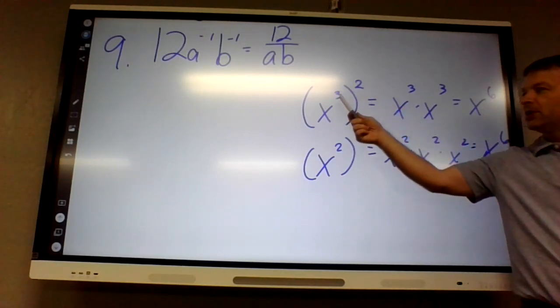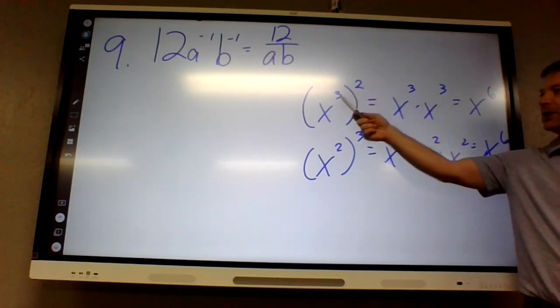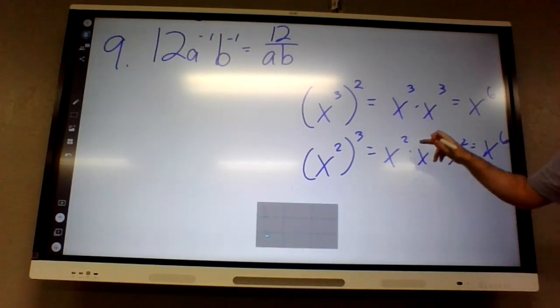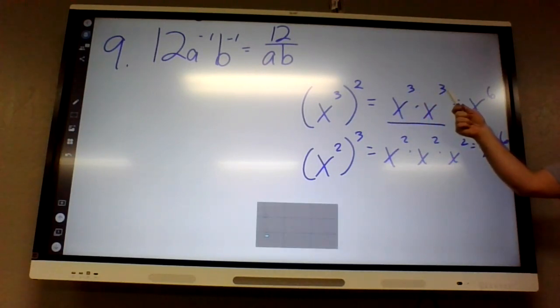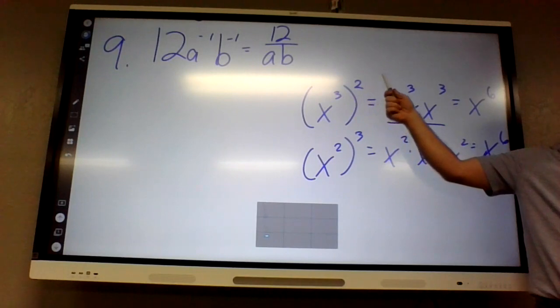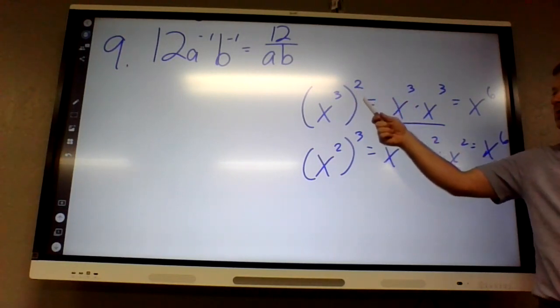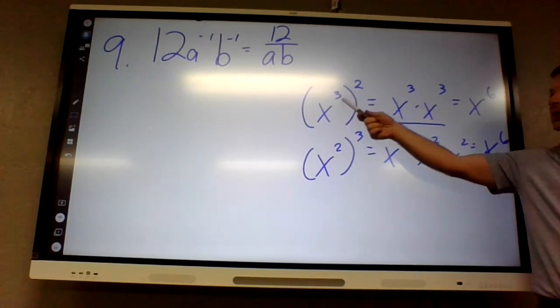Okay. Is there a fast forward way without writing all this stuff? What do you think's happening with the exponents here? Times. Okay, so this is an adding problem. This is a multiply problem. Got it? We turned the multiply into an adding, but anyway.